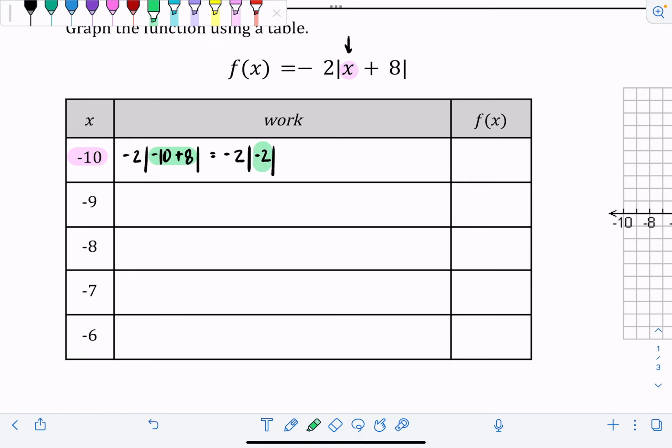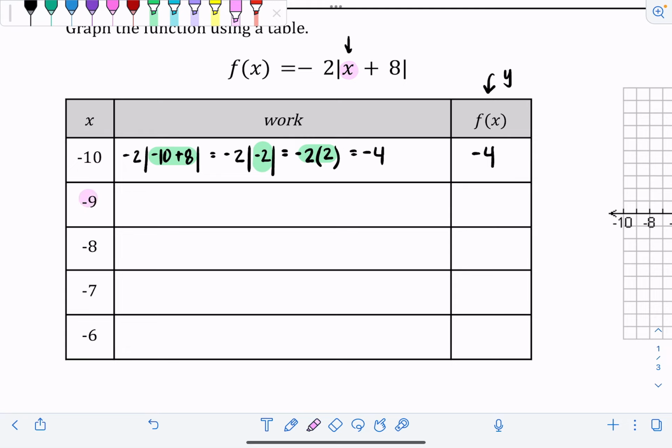After that, I take the absolute value of -2, and absolute value turns everything positive. So this would become -2 from the one out in front, and the -2 inside the absolute value bars would turn into a +2. Now finally we can multiply these two together. -2 times +2 is -4, so this would become -4 right here. That would be the output, or the y coordinate once we go to graph it. Remember that f of x and y are interchangeable.